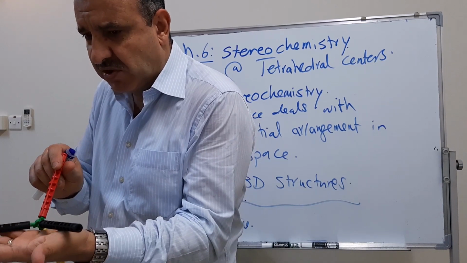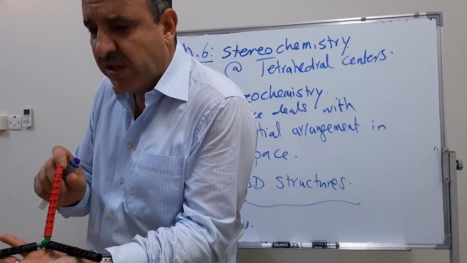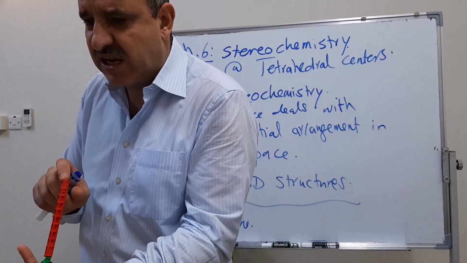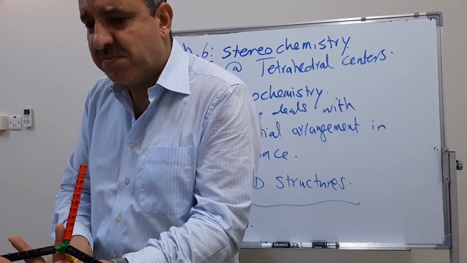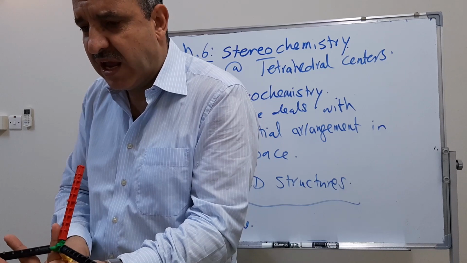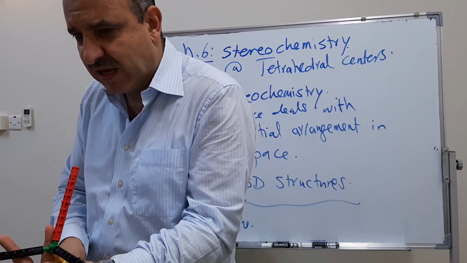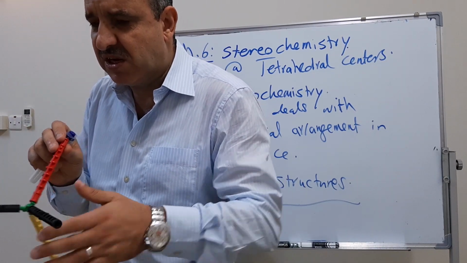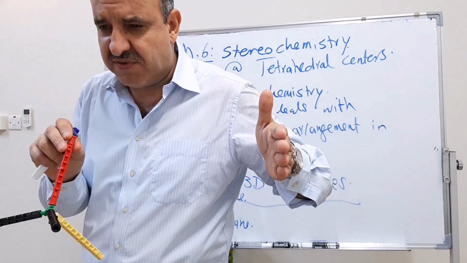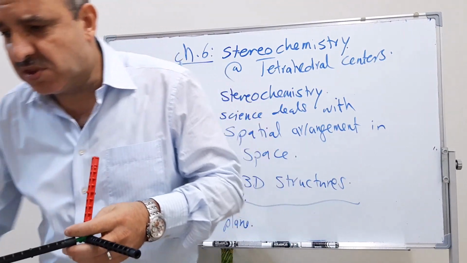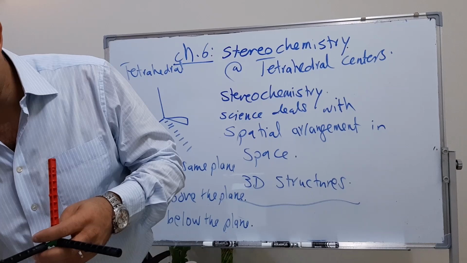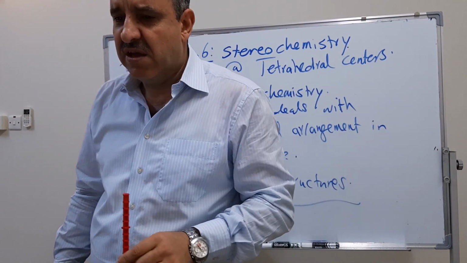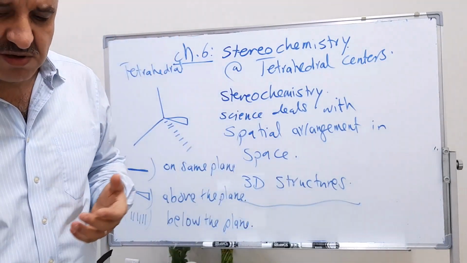Do you follow me? They are in the same plane of my hand. One atom is above the plane, in this case the red atom, and one atom is below the plane, the yellow atom. Got it? So this is always how we view a tetrahedral structure in three dimensions, or transfer the view from two-dimensional to three-dimensional and vice versa.